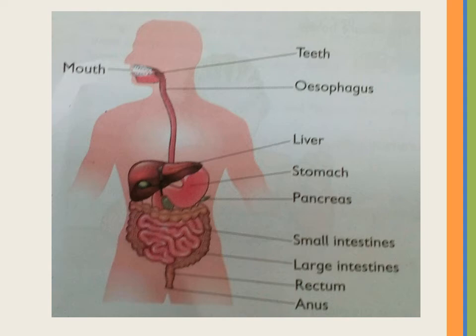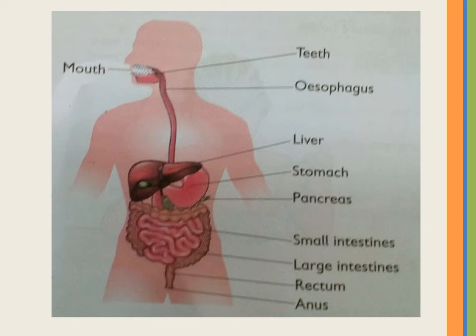Next is the stomach. From the mouth, food passes through the esophagus and enters the stomach. The stomach is located on the lower middle part of our body. The food is stored in the stomach for a short time.